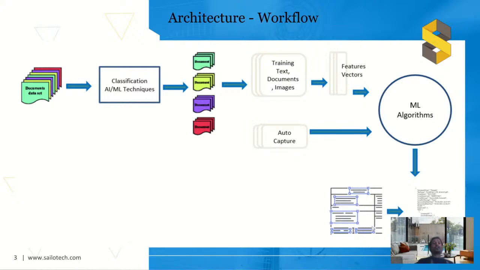So it has that auto capture technology that identifies these keys and these values from the image or from the PDF and extracts them. There's a disclaimer here: we're not saying we're 100% accurate, so some of the invoices, some of the things cannot be extracted straight away.